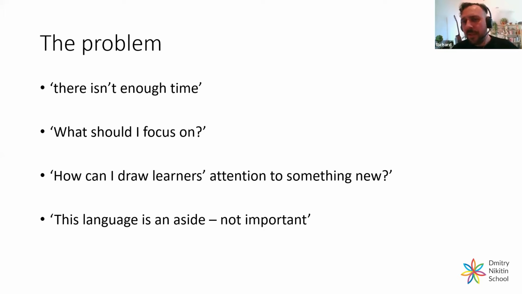Some teachers have said there isn't enough time for this because I've got to teach them the future perfect continuous by the end of this class. I've got to teach them this lexical set, and we talked about how tricky lexical sets can be in terms of memorizing things in the past. And some teachers might say there isn't enough time for this other stuff.